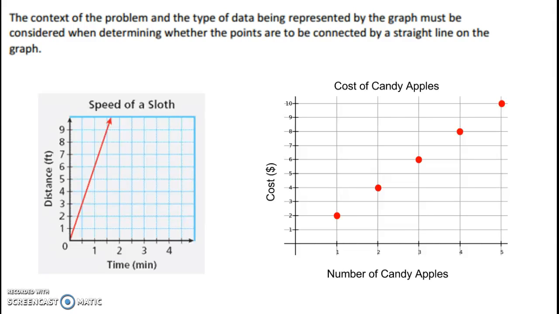In the speed of the sloth example, time is continuous, so it is possible to consider how far the sloth moved in 2 1/2 minutes or 3 minutes 15 seconds, so students are allowed to connect the points into a line. Whereas in the example of candy apples, a person cannot purchase 2 1/2 candy apples or 3 1/4 candy apples. Therefore, students cannot connect the points in this graph.